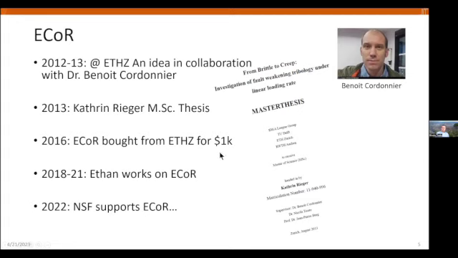And in 2016, when I moved to UT Austin, I bought the ECoR from ETH for $1,000. So then Ethan, from 2018 to 2021, worked on the ECoR, and last year, this work and future work has been supported by NSF.